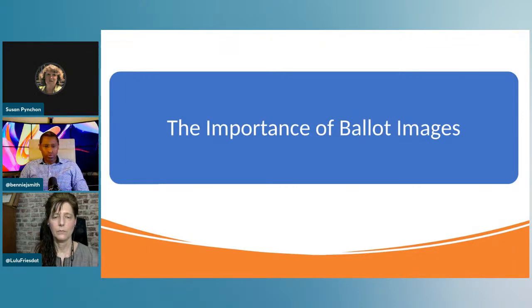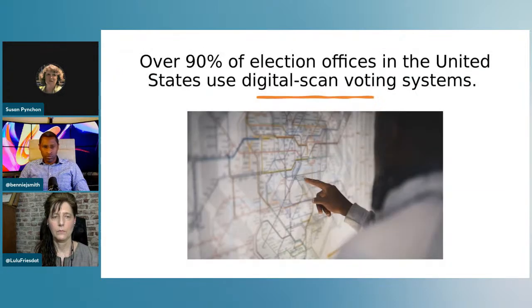Thank you. So again, just a few short slides on ballot images and the importance of ballot images. Over 90% of election offices in the United States use some type of digital scan voting systems. They can either scan hand-marked paper ballots, or they can scan ballot summary cards from an all-digital machine called a ballot marking device.